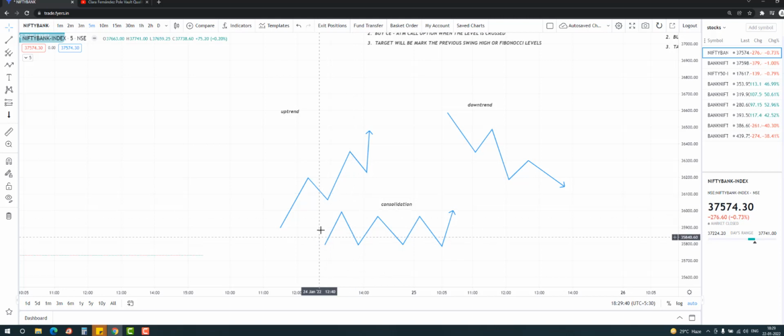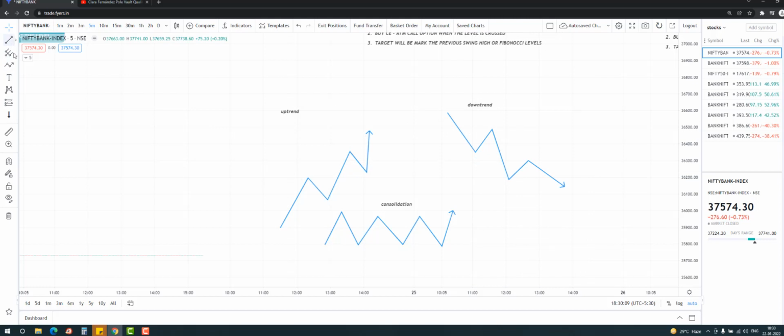In a consolidation zone, the exponential moving average will go up and down, running in between the candlesticks. Hopefully you are aware of how a moving average moves in a consolidation phase, how it reacts in an uptrend, and how it reacts in a downtrend.